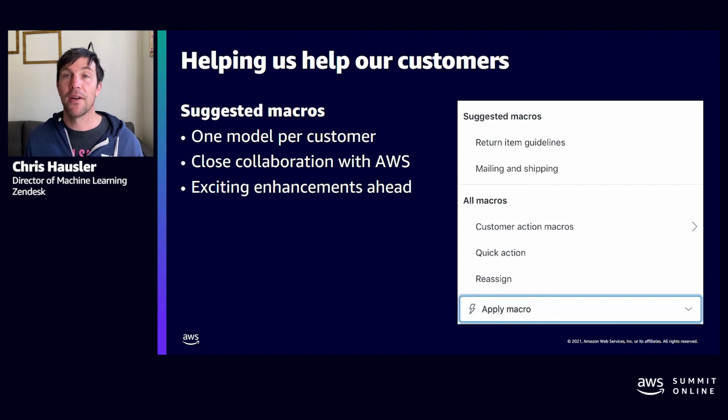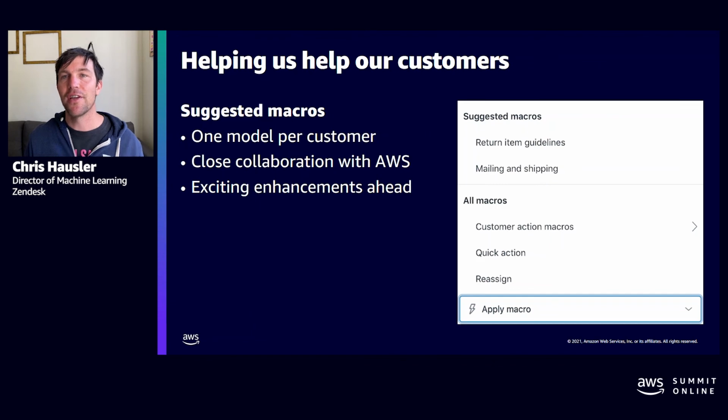The multi-model endpoint is a reasonably new feature, and so it's been a nice journey as well, working together with AWS on this. We've had very close collaboration over the last year or so in how we use this feature and how we can make it really work at scale for a large company like Zendesk that deals with quite a large scale of requests, and particularly in our machine learning infrastructure.